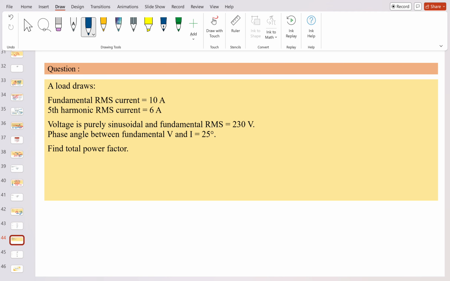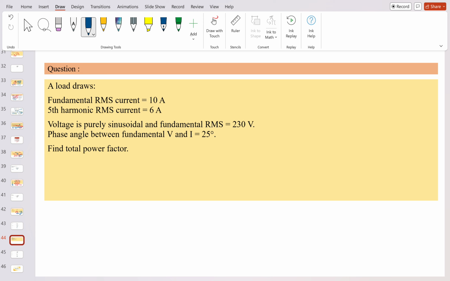Just try to find out this. Okay, cos 25 is 0.906.